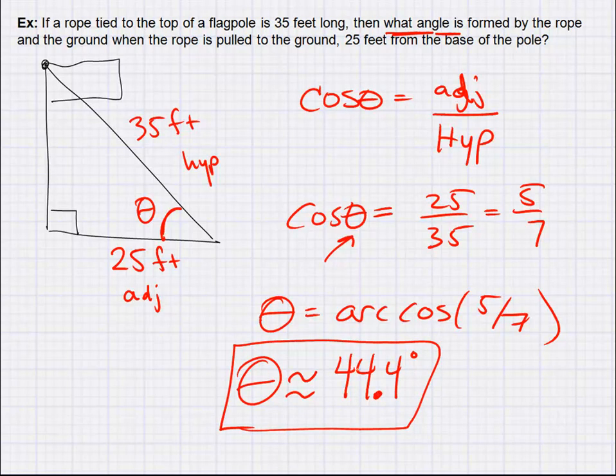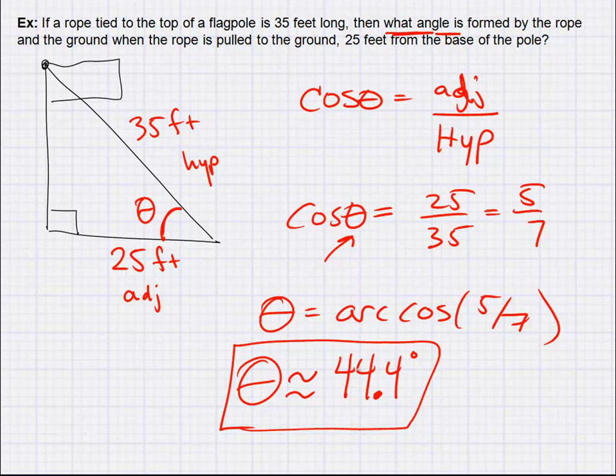If I said the angle is 44.4 degrees, roughly that's 45 degrees, you would have a visualization in your brain as to how big or how small that angle is. If I said that angle is the arc cosine of 5/7 degrees big, you really probably have absolutely no visualization as to how big or how small that angle is.